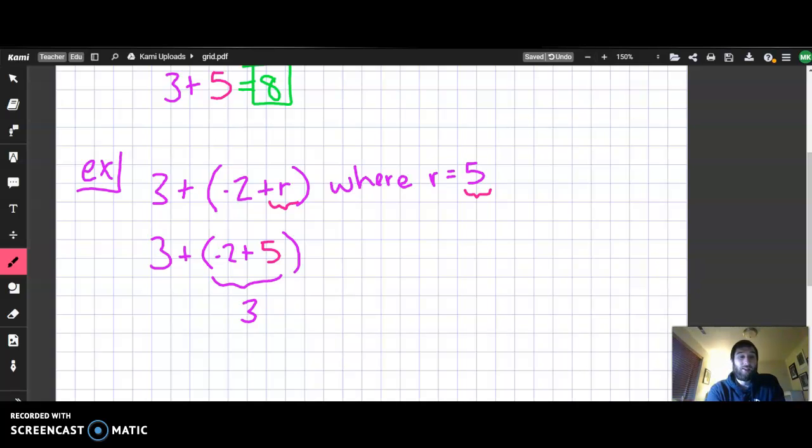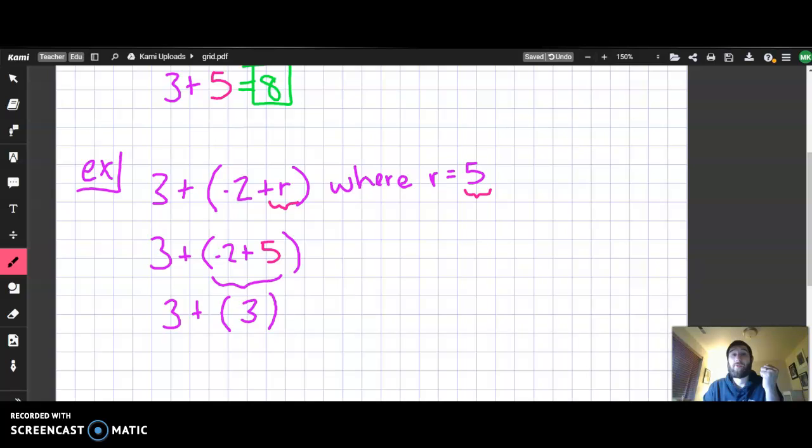So if I leave those parentheses on, so I did the -2 plus 5, I performed that action, I added them together, look what we have: 3 plus parentheses with a 3 inside.